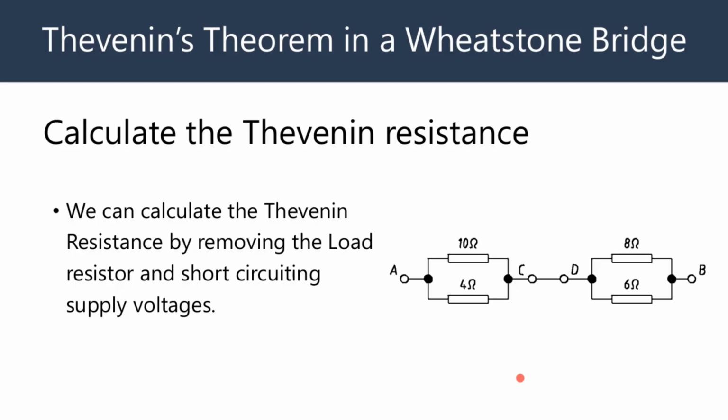So now we've got two parallel circuits. You guys agree with me? Yes, sir. I'm looking at it from the perspective of A and B having a voltage source there. So when I look at it from that perspective, I can see I've got two parallel circuits.